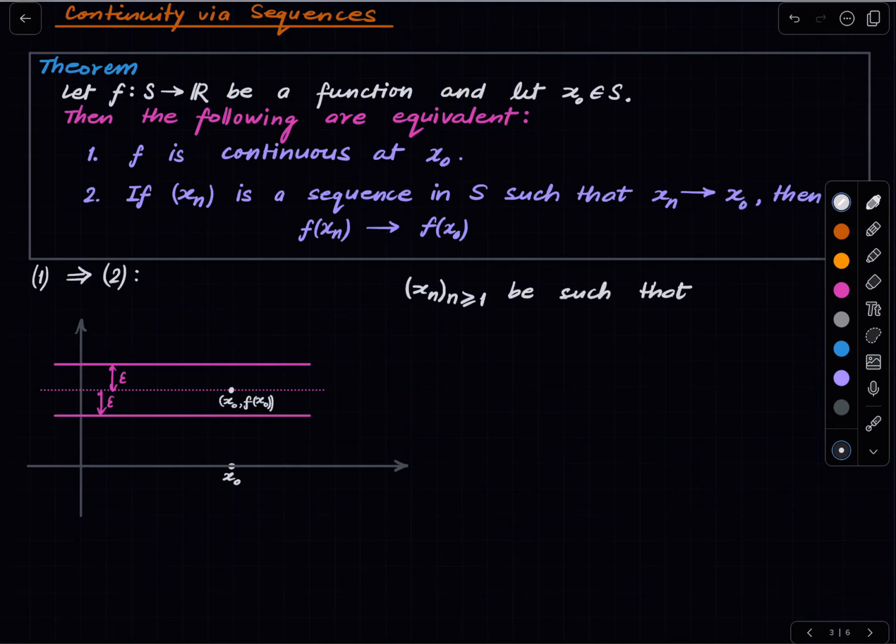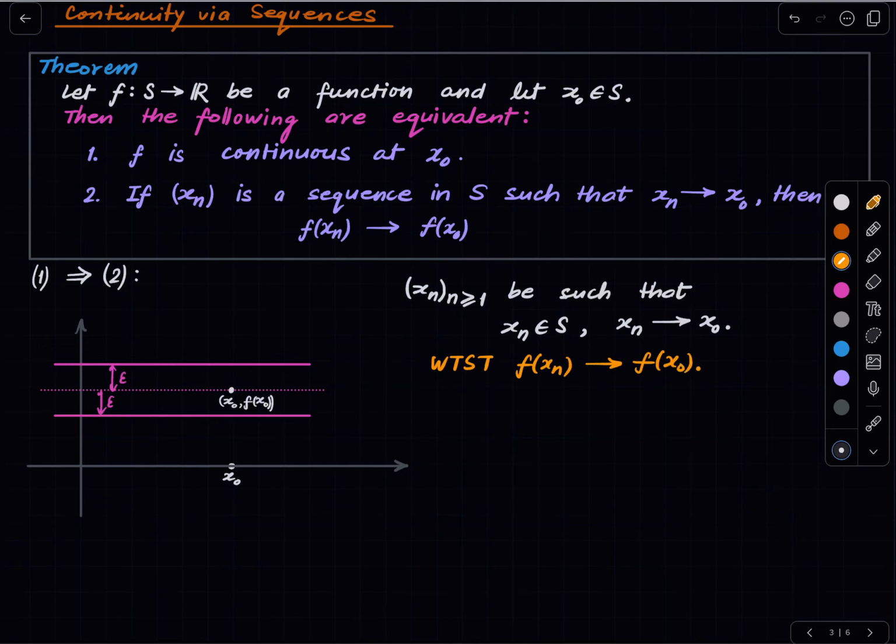So xn is a sequence such that, first of all, each point is in S, and second, it is convergent and converges to x0. And what do we want to do? We want to show that f(xn) converges to f(x0).